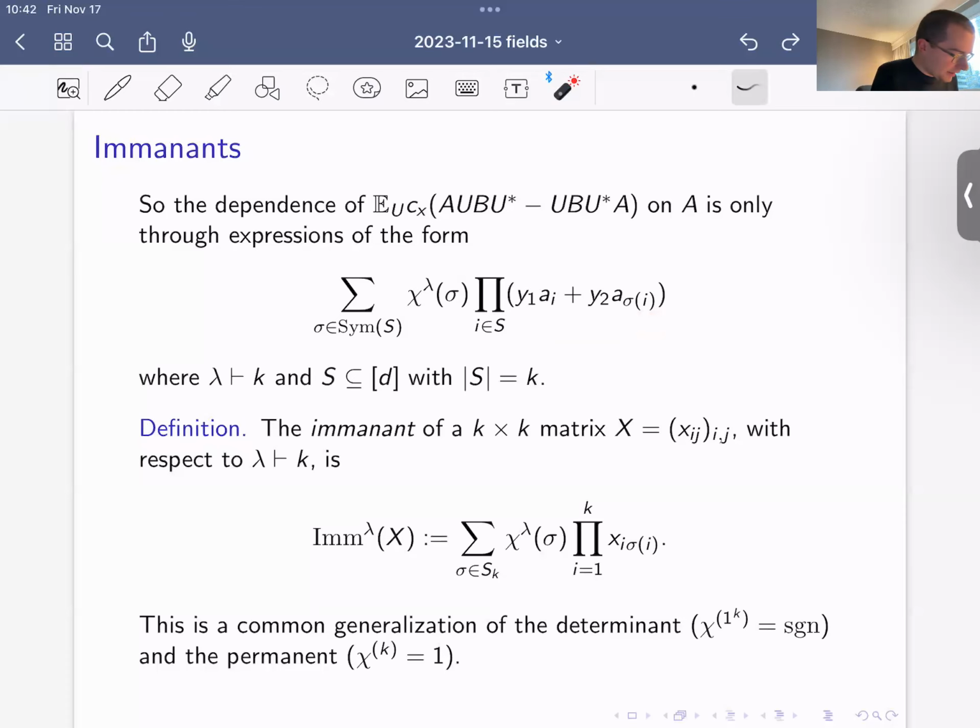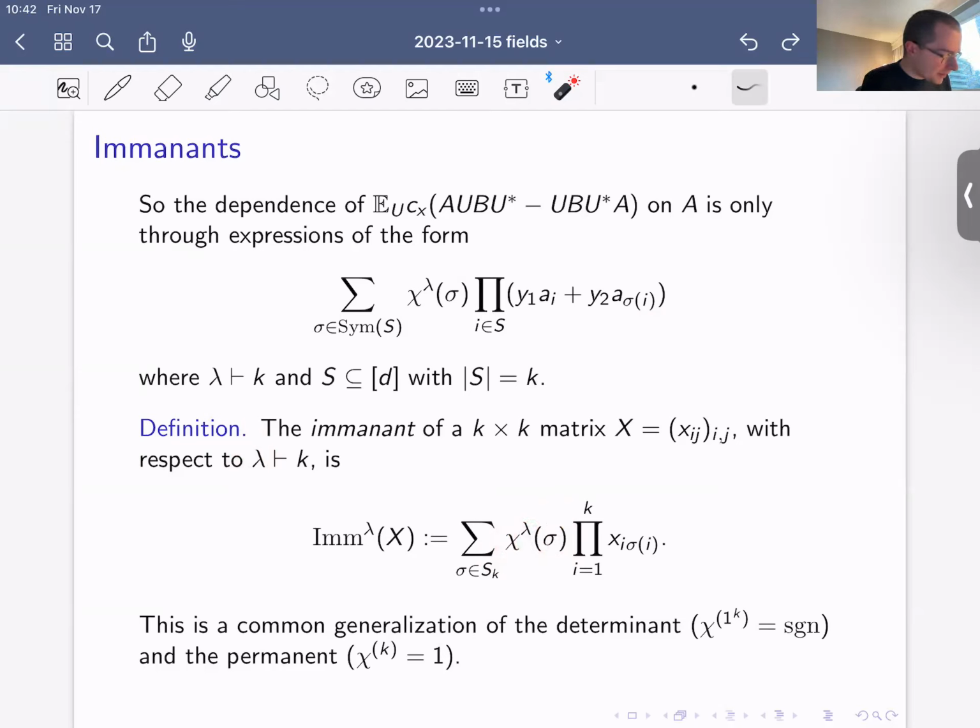So the definition here is that the immanant of a k by k matrix X with respect to a partition lambda of k is defined like this, right? It's like a determinant, but instead of the sign here, you're using an irreducible character of S_k, which is labeled by lambda.